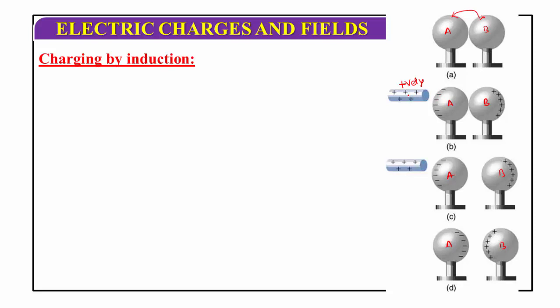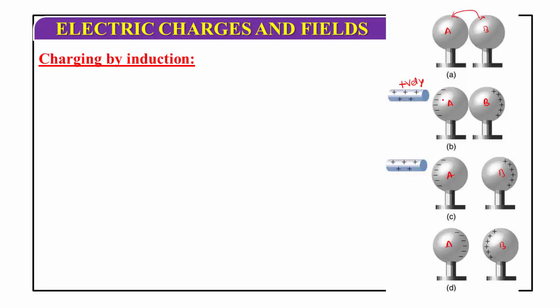But this body is placed near the good conductor, not in contact. Remember this point. In the first case, both were uncharged spheres.